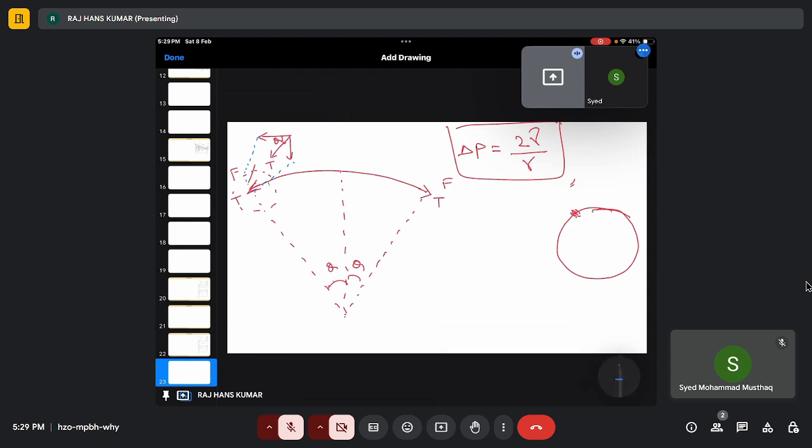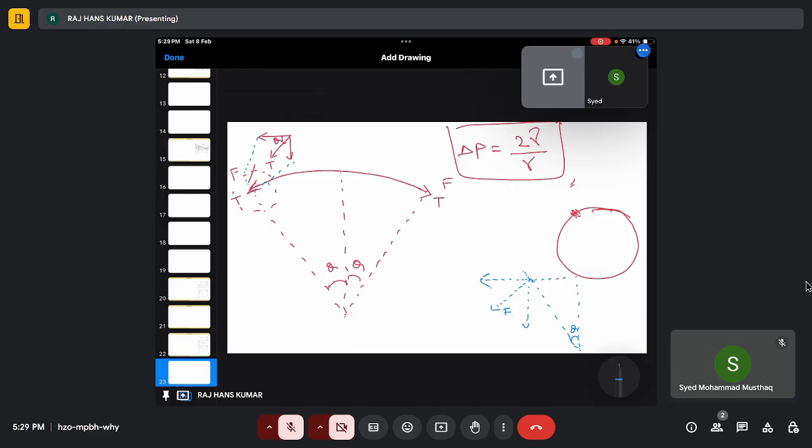Again, if I zoom this part, this is my theta, right? This is my theta, and I have two components here. One is my perpendicular, this component is my tension, this is my horizontal, and this is my vertical. So this is my force F.